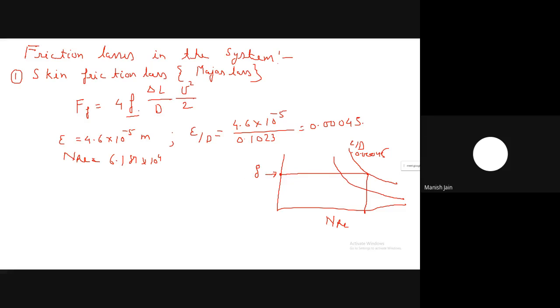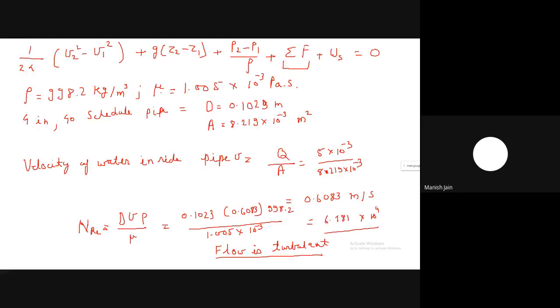So take the value of f and substitute here. So the value of f will come as 0.0015. This is the value of f at this Reynolds number and psi by D value. Okay. Now, once you know the value of f, you have to substitute the values in this equation. So what is the delta L? Delta L is the total length of the pipe.